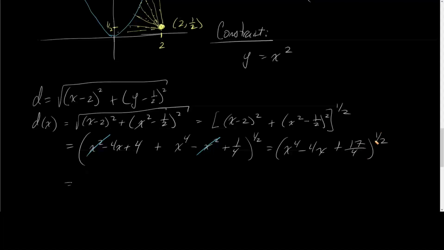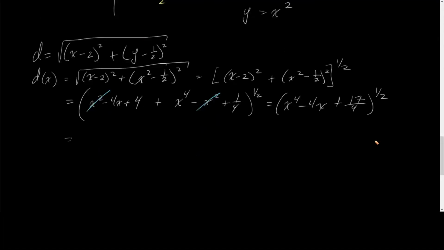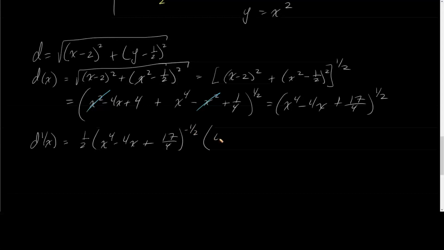All right. So that's our distance formula still. Now let's figure out the derivative, so we can figure out the critical values of this. So if I take the derivative of that, what do I get? I end up with 1/2 times (x to the fourth minus 4x plus 17/4) to the negative 1/2 times (4x cubed minus 4), right?